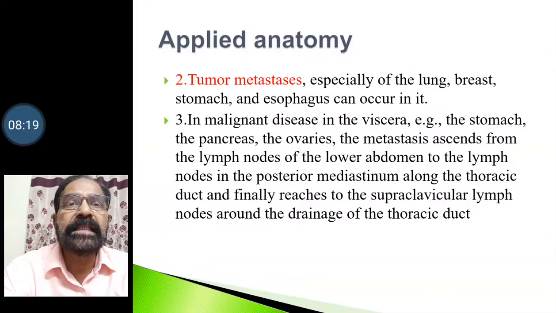In malignant diseases of the viscera, that is of stomach, pancreas, ovaries, metastasis ascends from the lymph nodes of the lower abdomen to the lymph nodes of the posterior mediastinum along the thoracic duct, and finally reaches the supraclavicular lymph nodes around the drainage of the thoracic duct. That is what we are discussing, the supraclavicular triangle. So they reach the supraclavicular triangle.